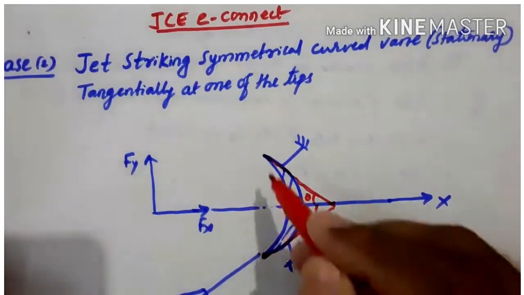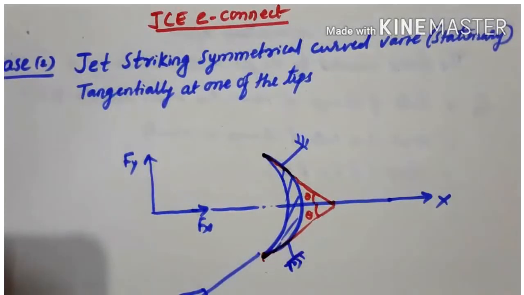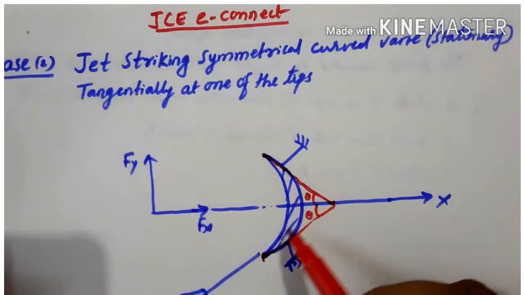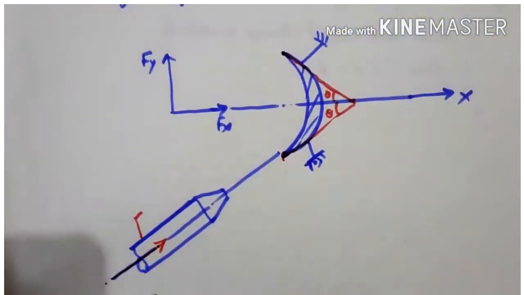These are called the tips of the vane or tips of the plate. Here the water is flowing through a pipe.